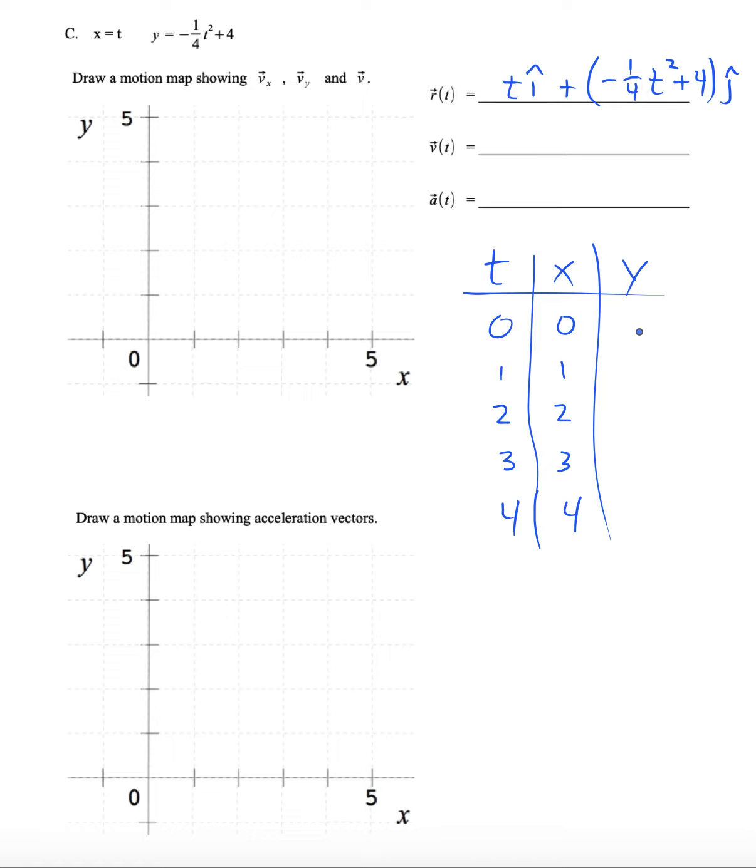All right, if I plug in 0 here, I get 4, so that's going to start us off right here. If I plug in a t of 1, I'll get 3.75. Let's plug in a t of 2. We'll get 3. A t of 3 will give us 1.75.